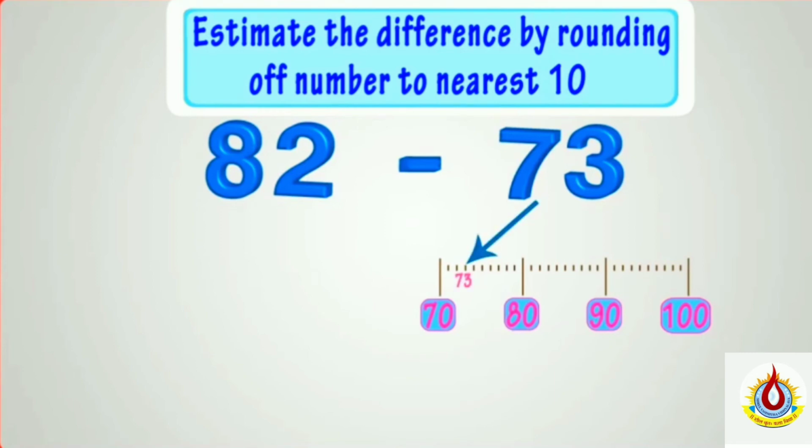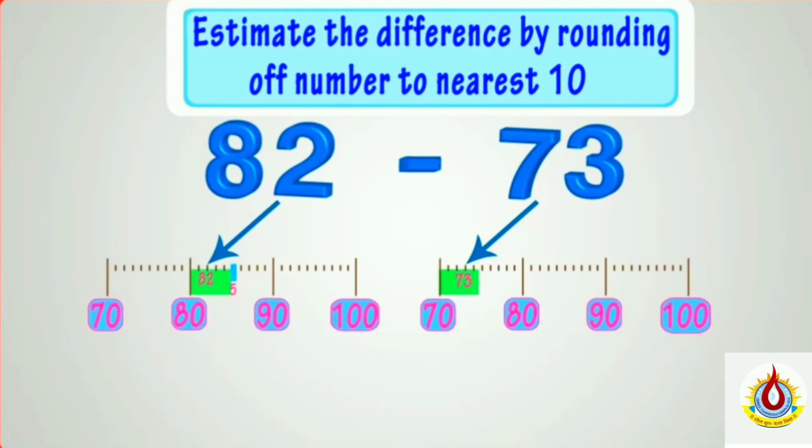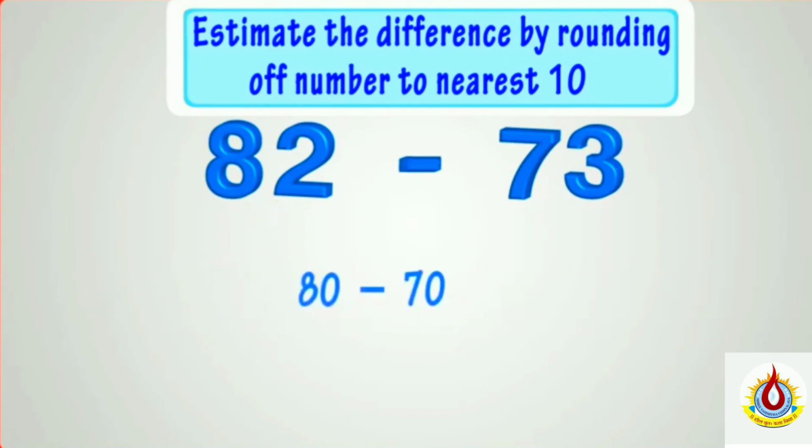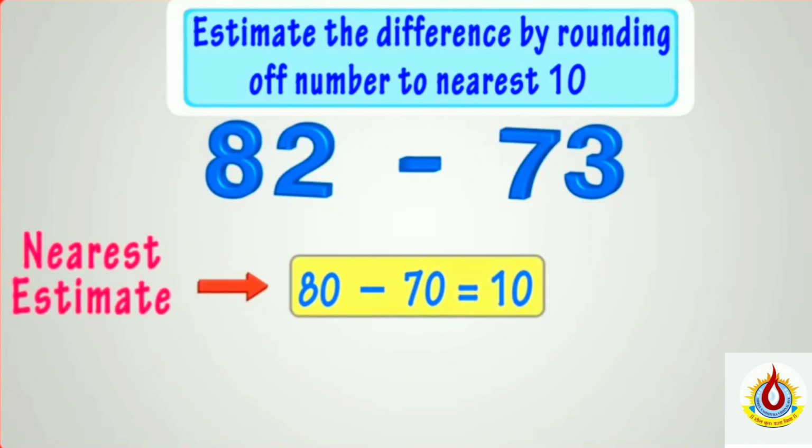Now let us round off the number 82. We get 80 by rounding off 82 as it is also below the 5 mark. Then we subtract the estimates. 70 out of 80, we get 10. That is the nearest estimate of 82 minus 73.